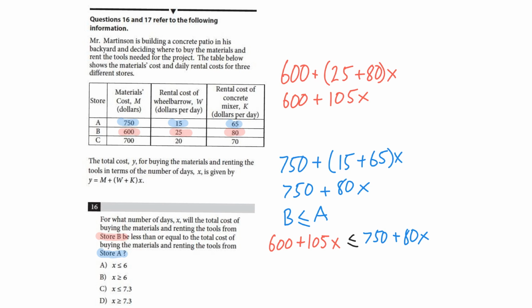I'll be left with 105x is less than or equal to 150 plus 80x. Now, if I subtract 80x from both sides, I'll get 25x is less than or equal to 150.